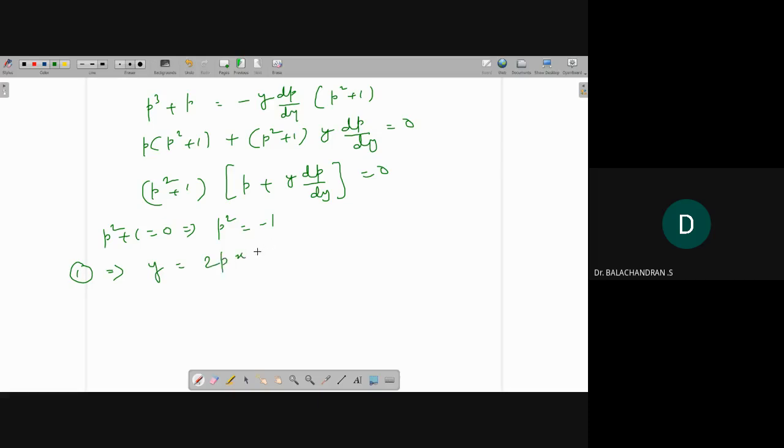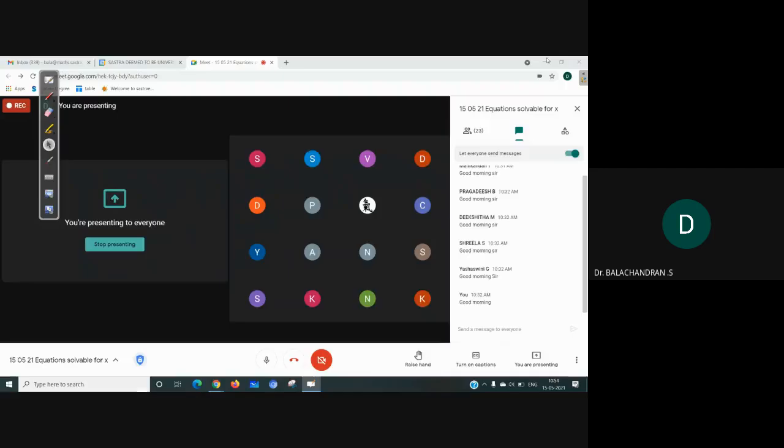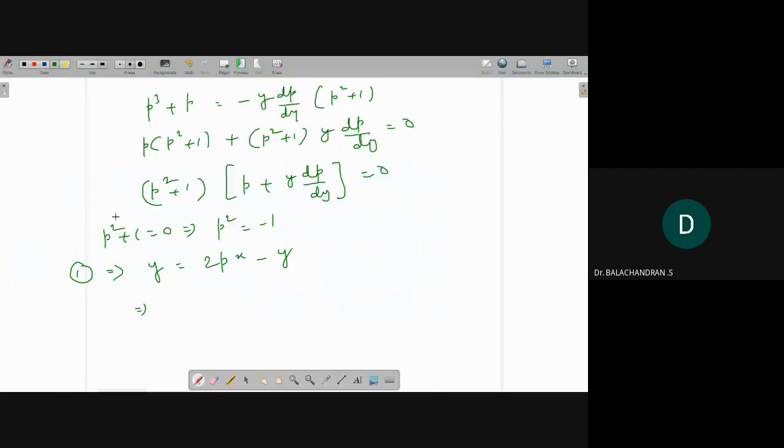I am writing the given problem. p square is minus 1, so minus y. Okay, minus y. So 2y equal to 2px. So you can cancel 2 and 2.